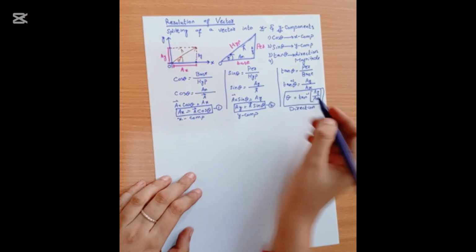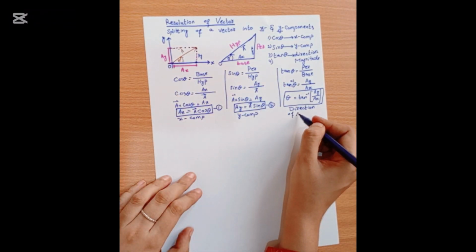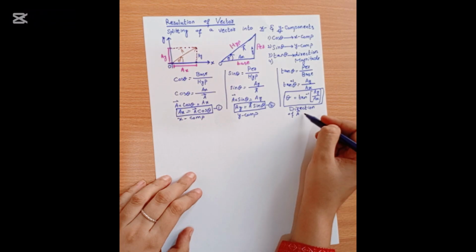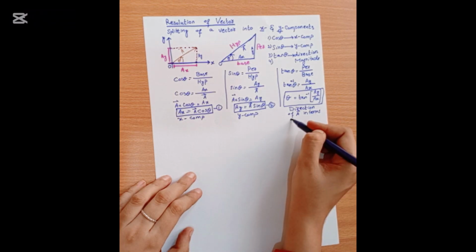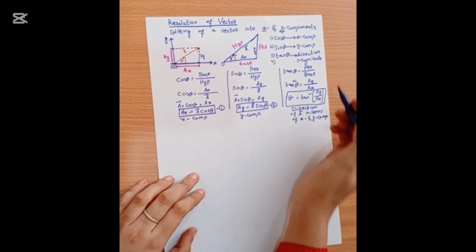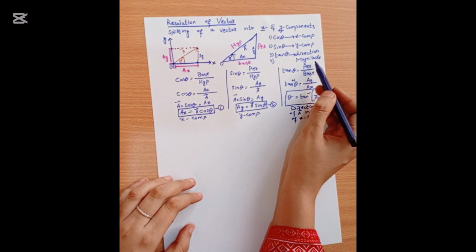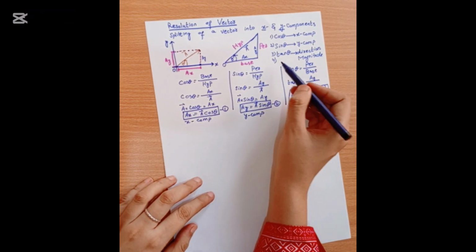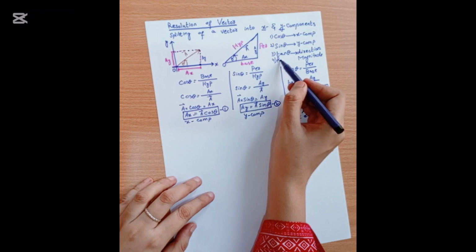Direction of this vector, vector A, in terms of x and y components. One thing is remaining, that is magnitude. How are we going to know the magnitude? You are going to use the Pythagorean theorem.